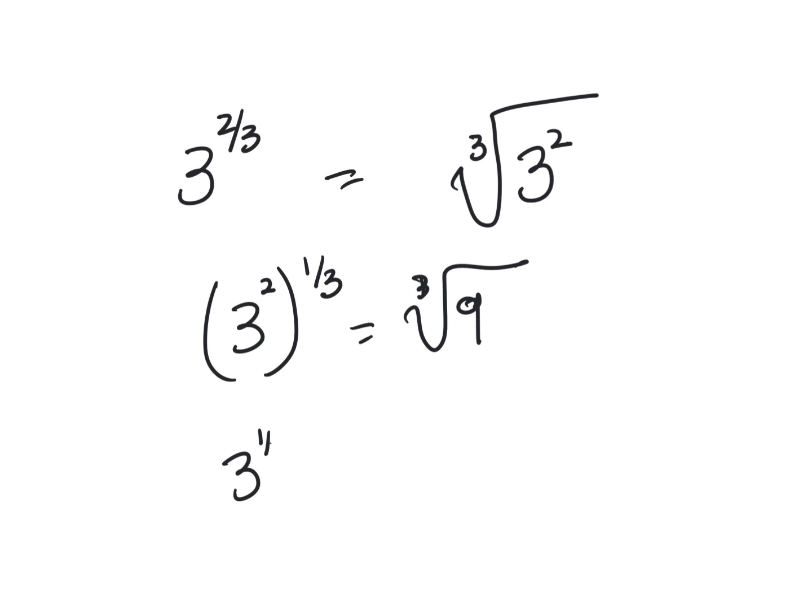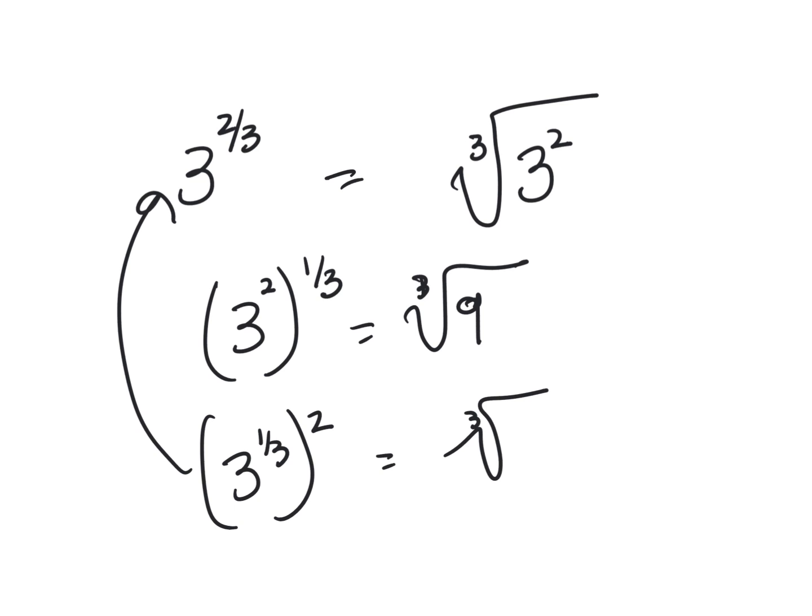This is 3 to the 1/3 squared, also equal to this. You can do it either way. This would be the third root of 3, whole thing squared. Right? So that's what those types of fractions mean.